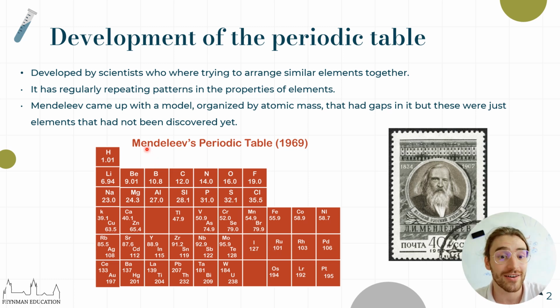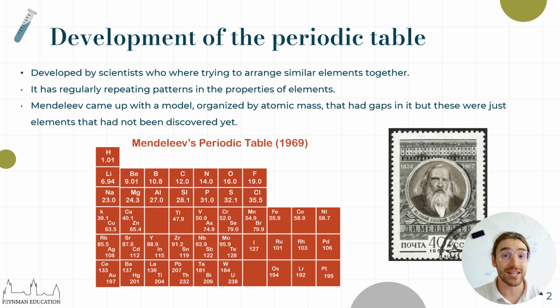This was proven when, just for interest's sake, a man discovered a new element and gave it an atomic mass. Mendeleev said, no, you're wrong, it's meant to be this other atomic mass. They rechecked it, and in fact Mendeleev was correct, because this element was in one of the gaps on his periodic table.